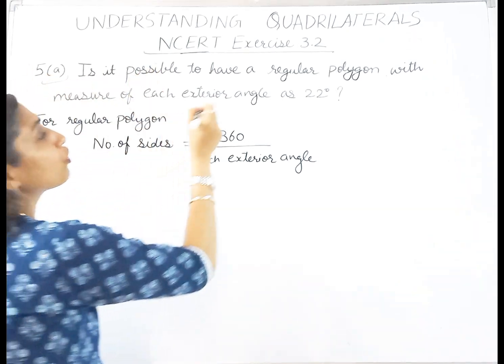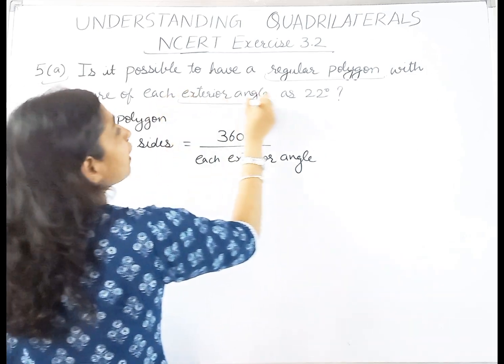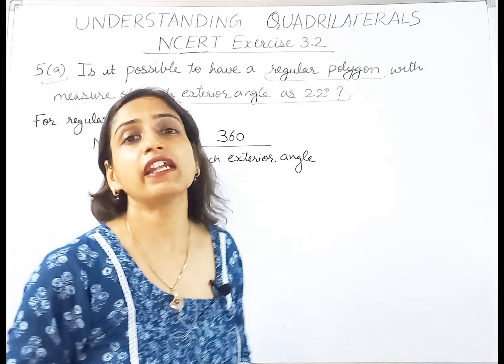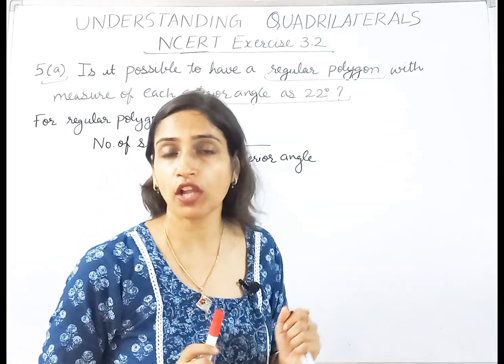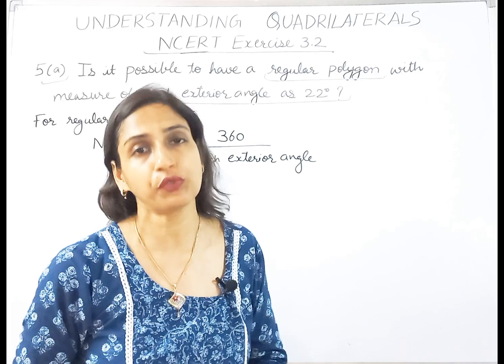Is it possible to have a regular polygon with measure of each exterior angle as 22 degrees? So can we have a regular polygon whose each exterior angle is equal to 22 degrees?